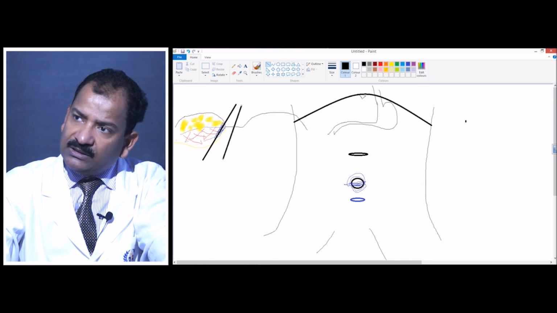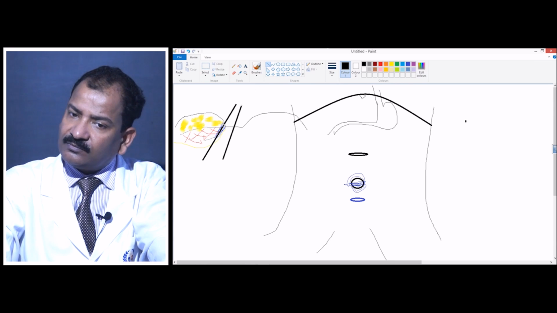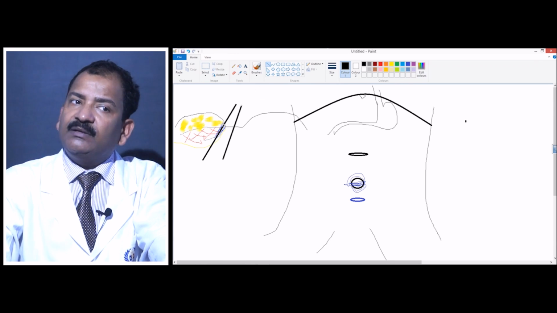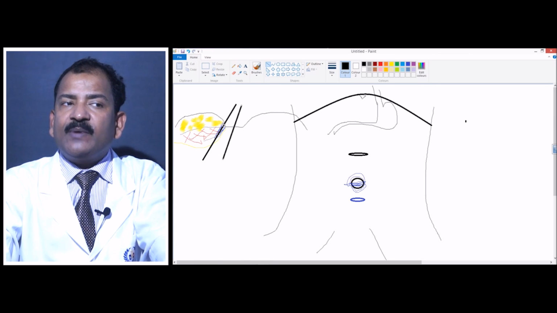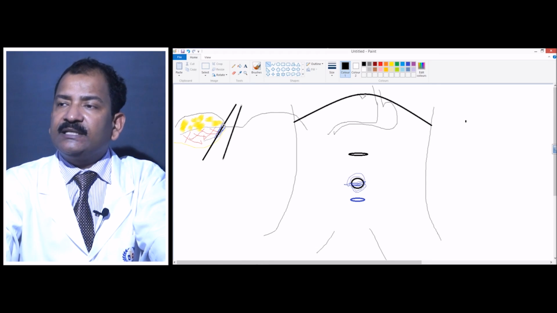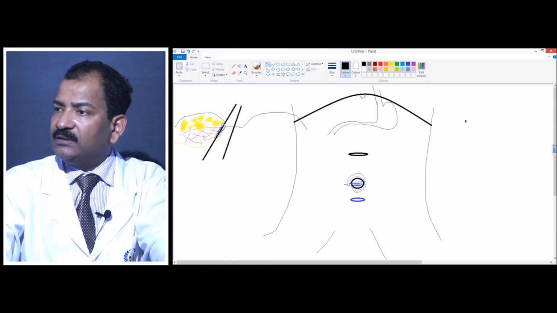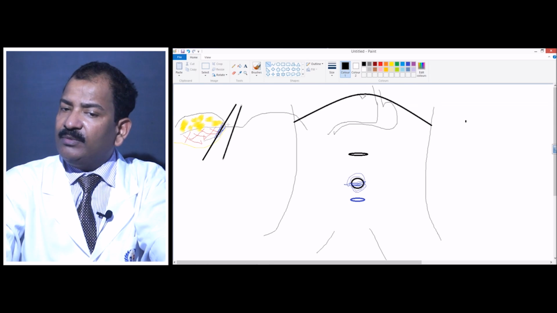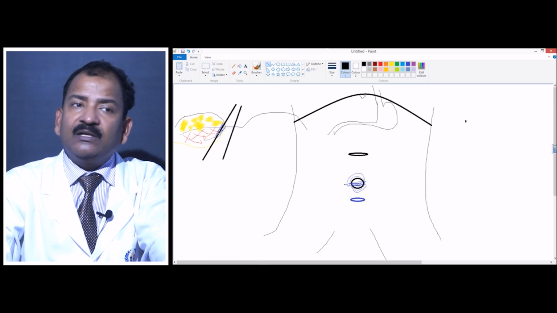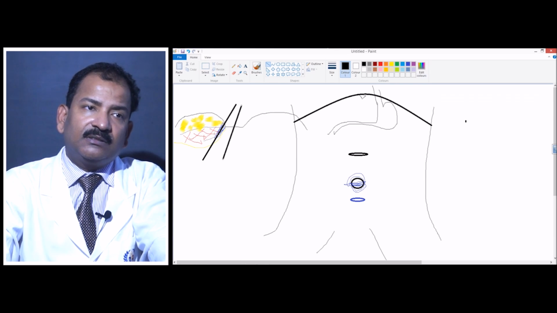If you go through this, you will not have any problem, and there will be no chance of hernia in spite of not closing the rectus sheath, because once you go oblique and take the trocar out, this umbilical tube will automatically close.